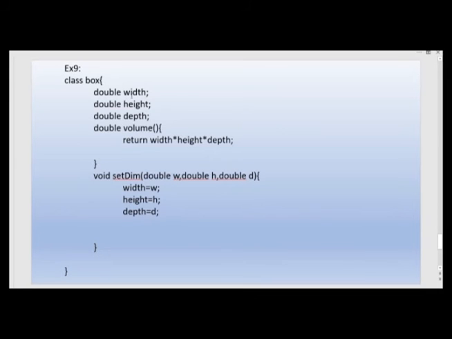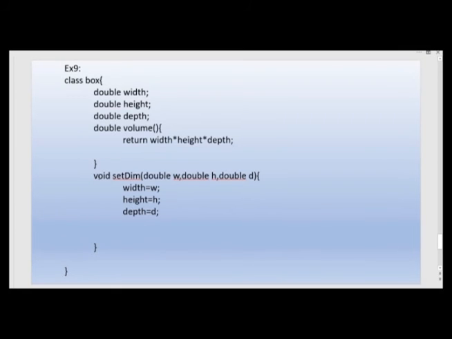We declare them using the double data type, and after that you can see there is a method named volume. It has a return type double, therefore this method must return a value. It returns the volume of the object.